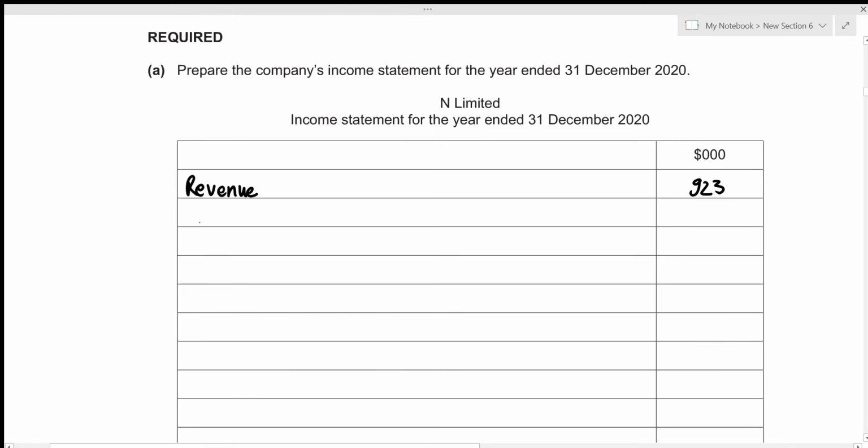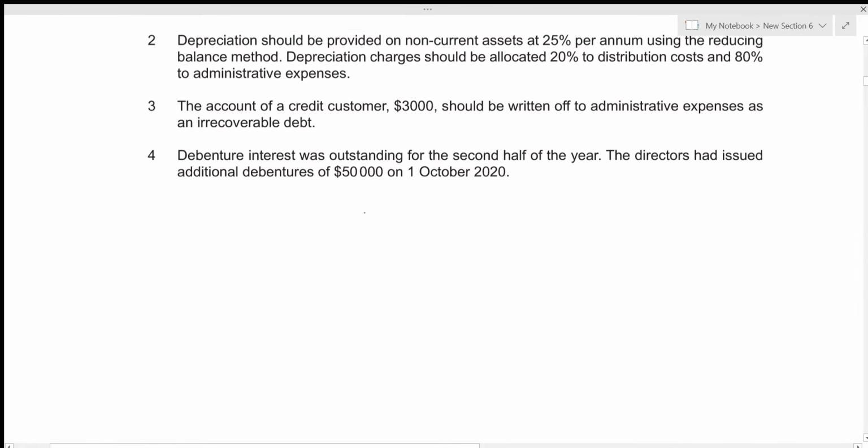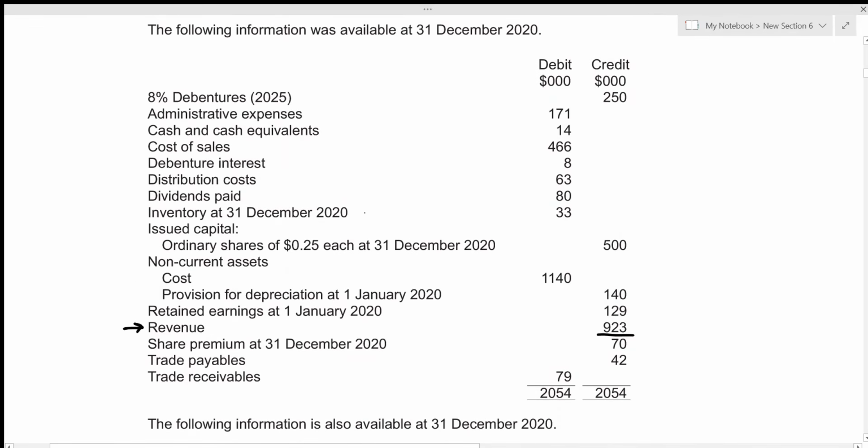Secondly, we subtract the cost of sales from the revenue in order to figure out the gross profit. Let's write that down as well. Let's look for the value of the cost of sales in the given information. Cost of sales is given right here. So it has the value of 466,000.